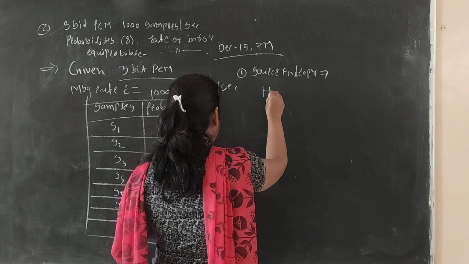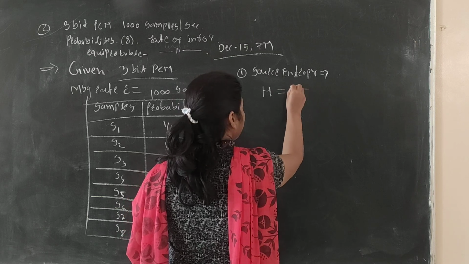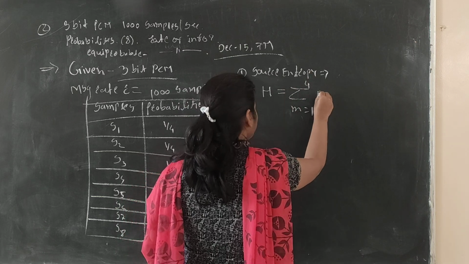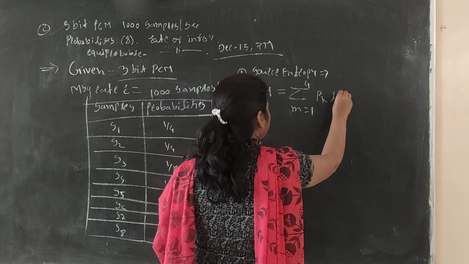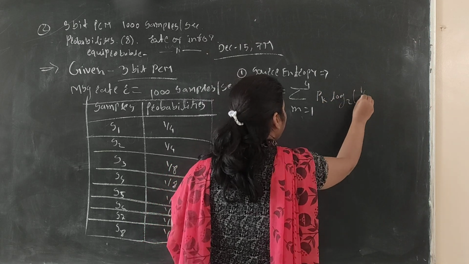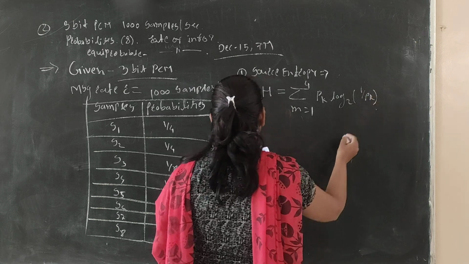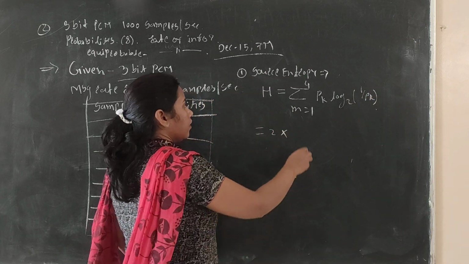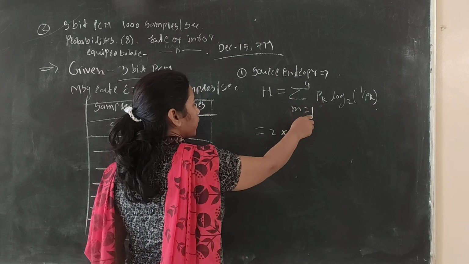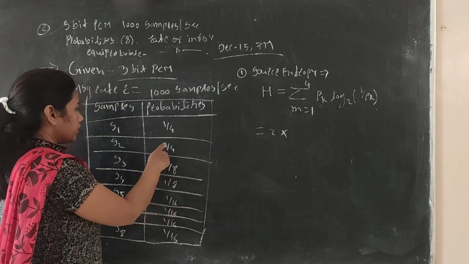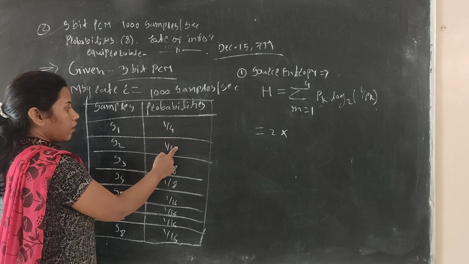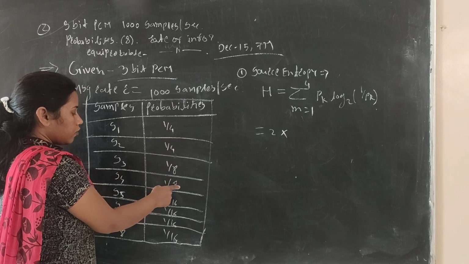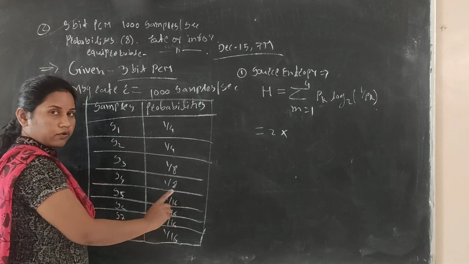It is denoted by H, and the formula is summation of Pk log to the base 2 of 1 by Pk. Here the sum is over 4 terms because we have 1 by 4 in 2 quantities, 1 by 8 in 2 quantities, and 1 by 16 in 4 quantities.